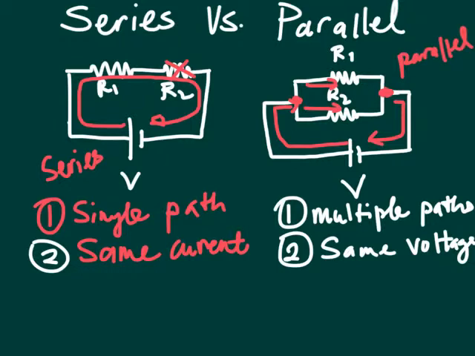That implies the two points represented by these dots have the same potential. Okay, so the potential difference across R1 and across R2 is the same.